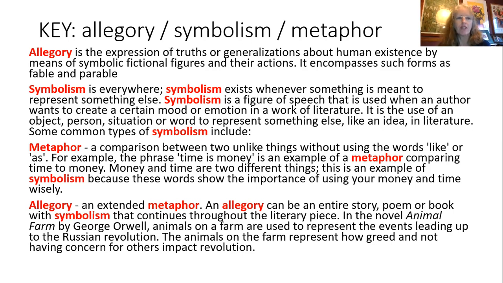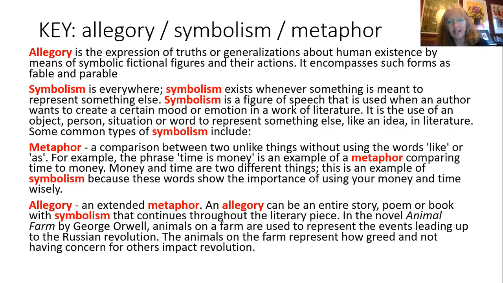So this is the definition of allegory. What is allegory? The expression of truths or generalizations by symbolic fictional figures and actions. And symbolism, when you want to create a mood to represent something else. And metaphor is a type of symbolism.